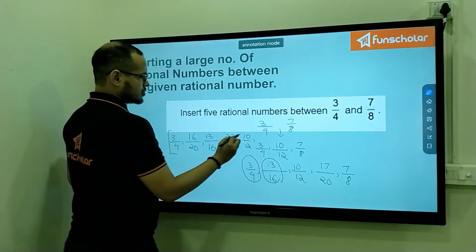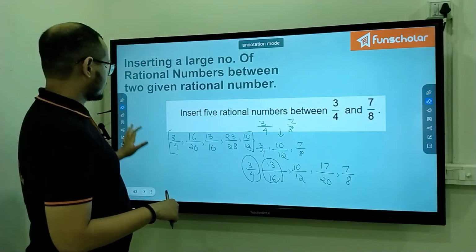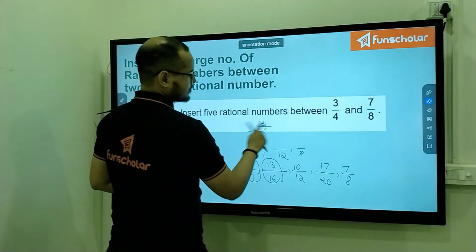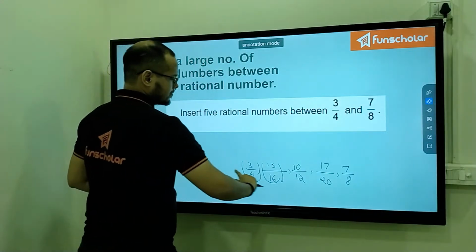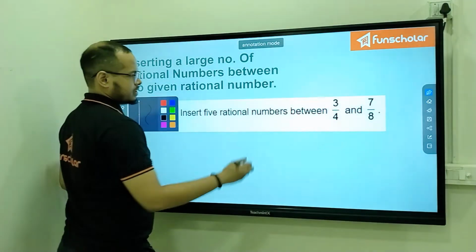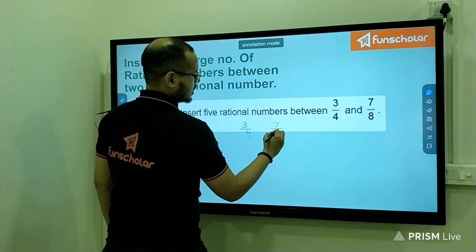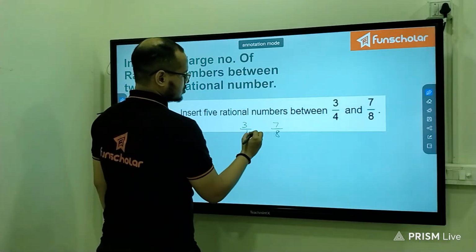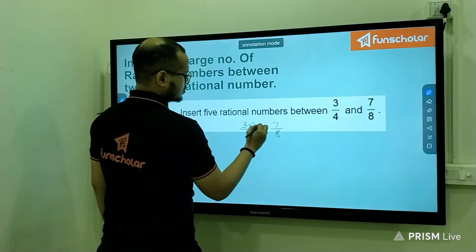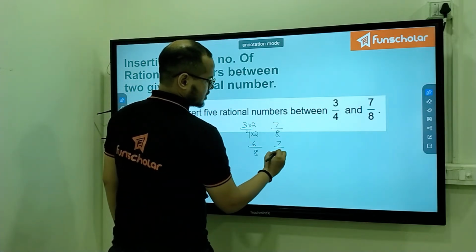So you can utilize the average method, or you can utilize this as well. This is the average method where we find the average of the two just by adding the numerators and denominators separately. So 3 by 4, 7 by 8, into 2, into 2. This becomes 6 by 8, 7 by 8.